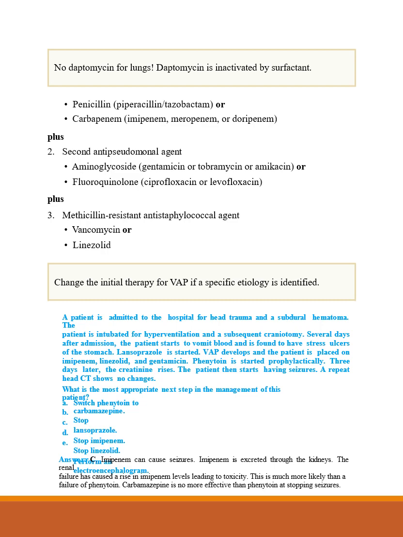Lansoprazole is started, VAP developed, and the patient is placed on imipenem, linezolid, and gentamicin. Phenytoin is started prophylactically. 3 days later, creatinine levels are rising. Patient then starts having seizures. Repeat CT of the head shows no changes.